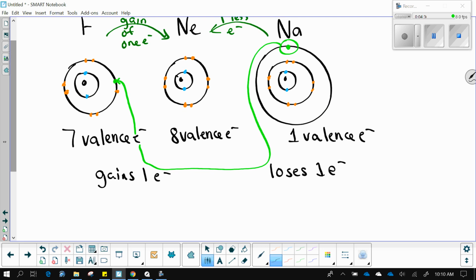Fluorine now has an electron arrangement just like neon. Sodium has an electron arrangement just like neon. Sodium lost an entire shell.